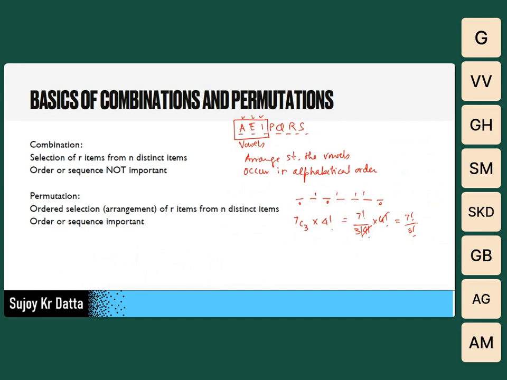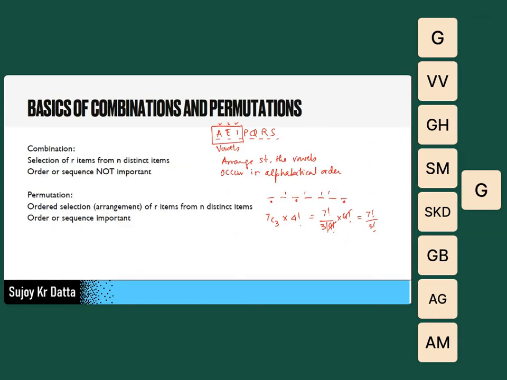So are you guys with me? So whenever there is a constraint in the arrangement that no, you are not allowed to arrange, then you essentially divide by the factorial. Okay. So can you answer one question? How many 3-digit numbers are there where the digits occur in descending order?